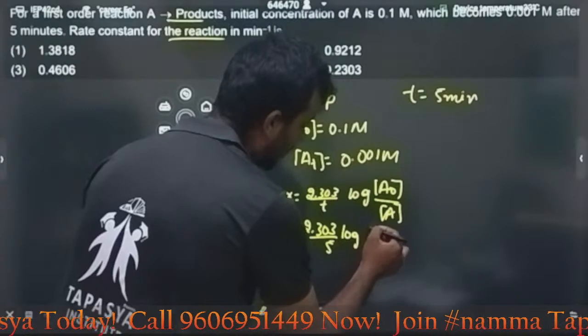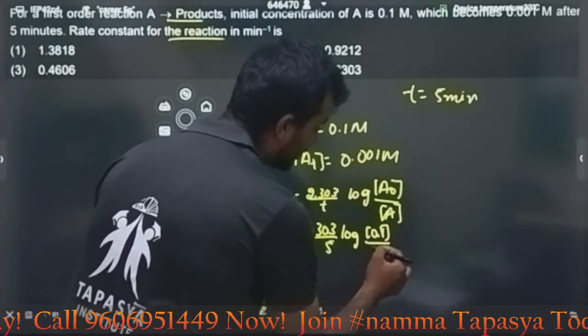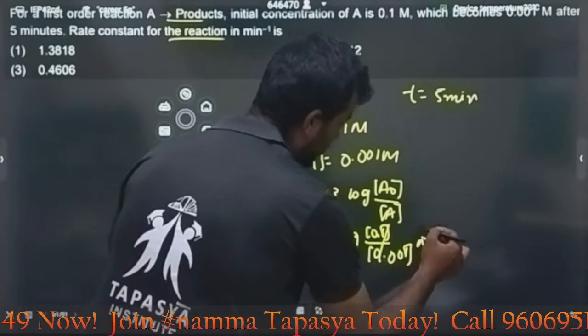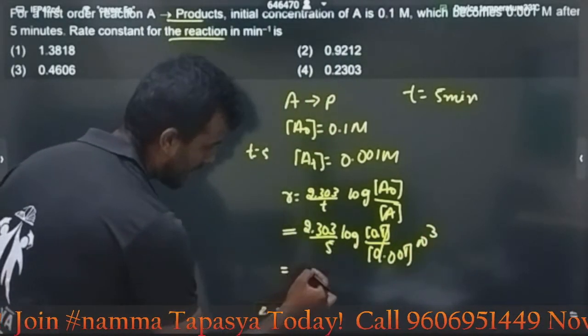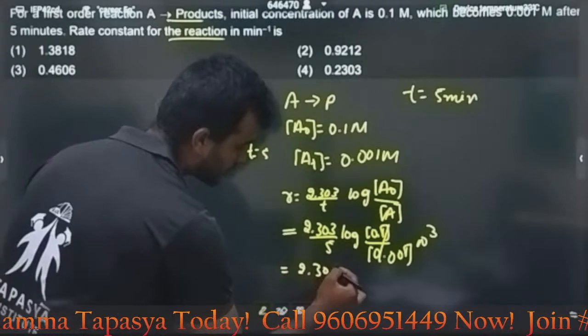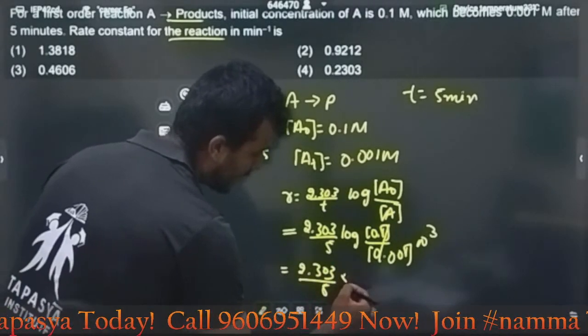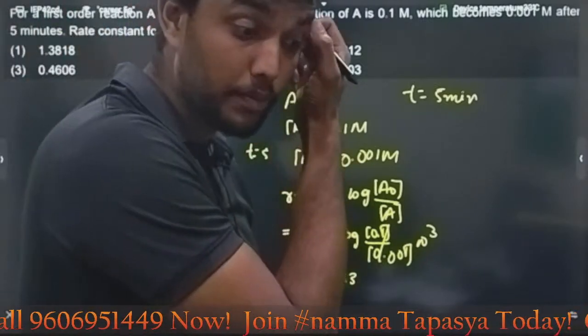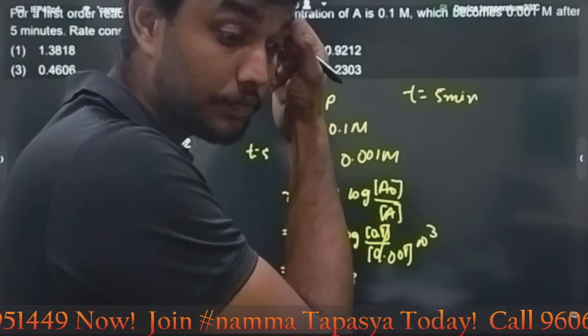Log of 0.1 divided by 0.001, means 10 power 3, means log gives 3, correct? 2.303 divided by 5 into 3. What is the answer? Let me know in the chat section.